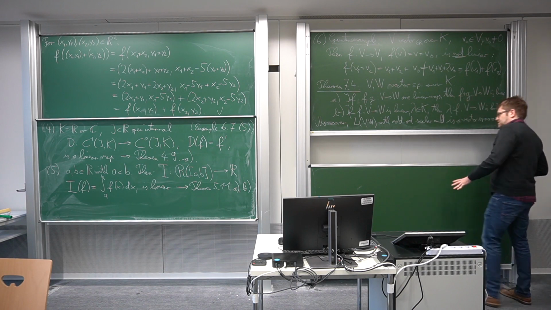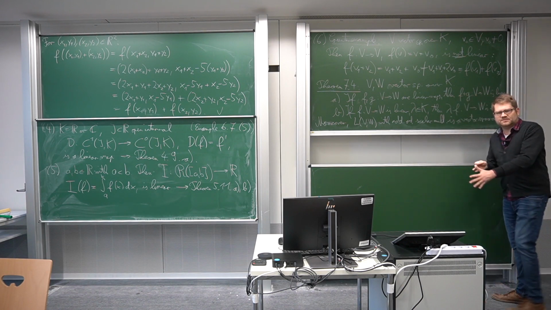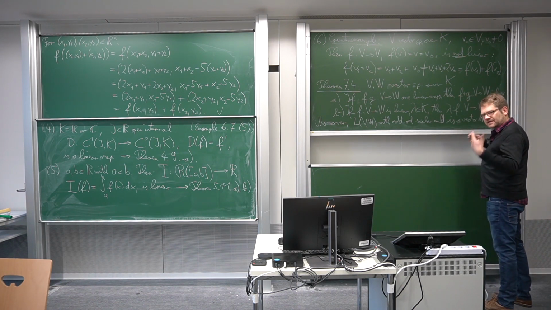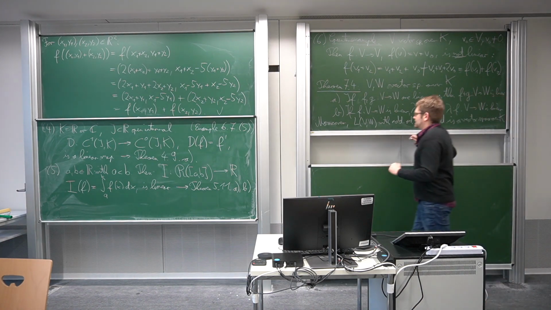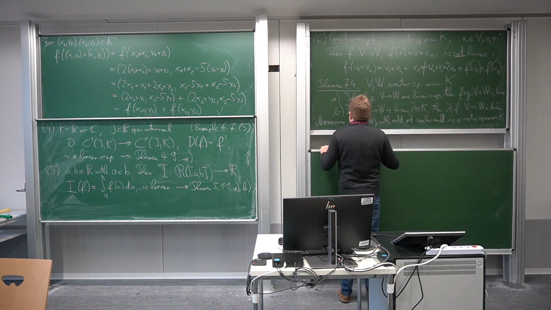So the space of all linear maps from one vector space to another vector space is itself again a vector space, which is quite interesting, I think. Okay, let's check this.